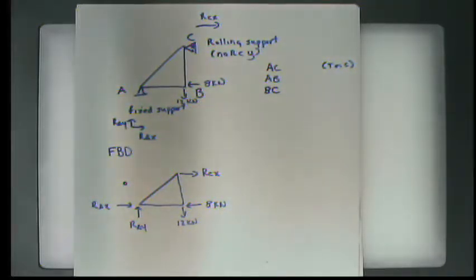Now, what I have done here, everything that I don't know, all of my unknowns, I've drawn as being positive, positive x and positive y. I don't know if that's true or not. But when I do my analysis, if it's not true, I will get a negative sign, and then I'll know that I reversed it. But I always do positive. If you're fairly confident that one or the other is positive or negative, you can draw it that way from the get-go.